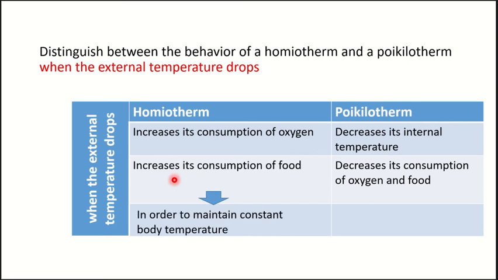Why? In order to maintain a constant body temperature. While the poikilotherm, when the external temperature drops, decreases its internal temperature, and decreases its consumption of oxygen and food in order to reduce the loss of energy.